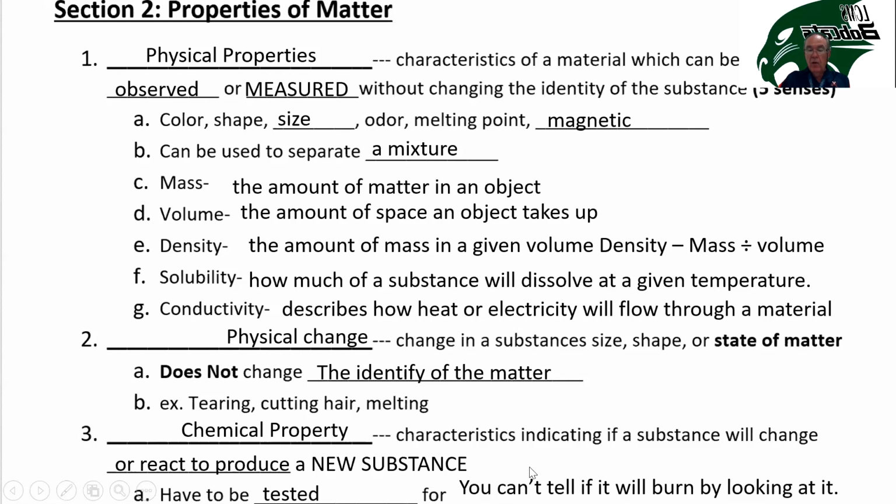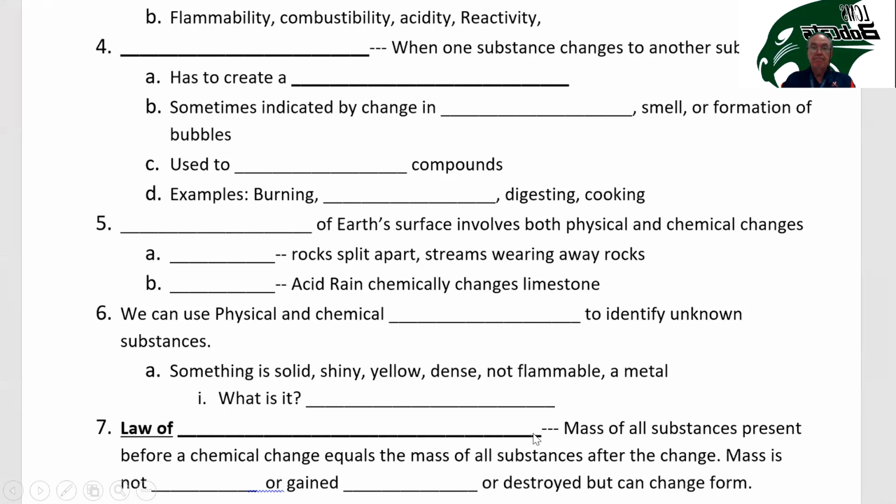Okay, so like wood, we know will burn, but then there's like those tiles that you see at Lowe's that look like wood, but you wouldn't know if they don't burn unless you test them. Okay, so a lot of times, especially other things, you can't tell if they're going to react. Will this react with acid or not? It has to be tested for. You can't tell just by looking at it.